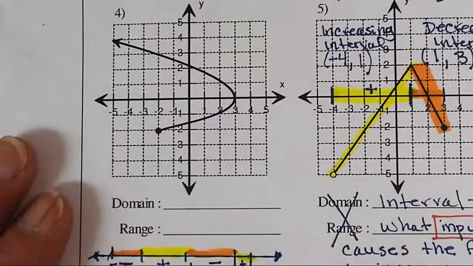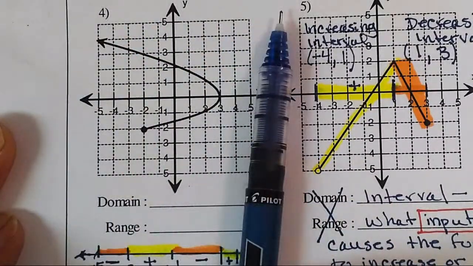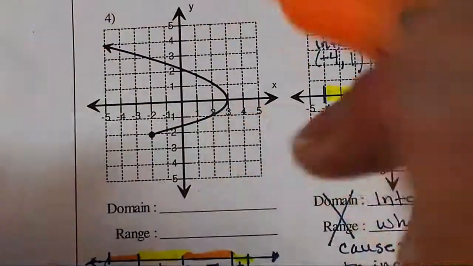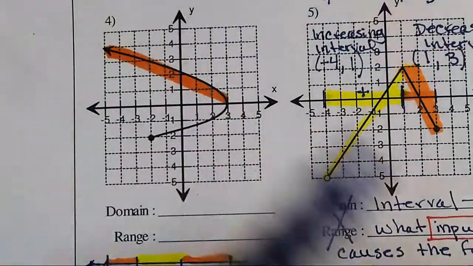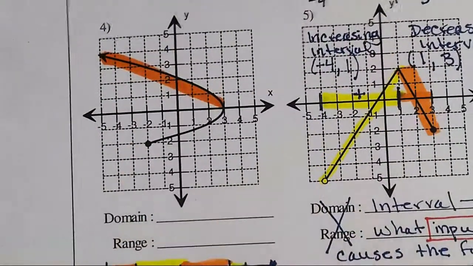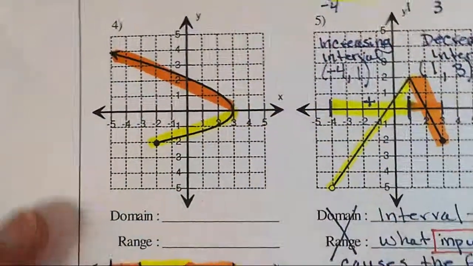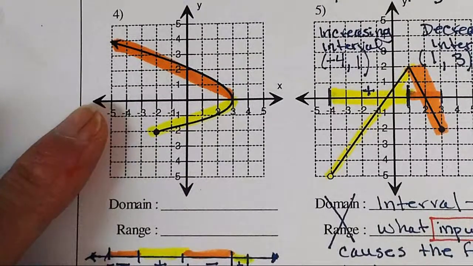If I'm looking at this one, remember I'm going left to right. So this is a negative slope here. So this is actually going down. But this one here is a positive slope. So this is actually going up. And we know that this is not a function, but we can still talk about negative and positive intervals of sections of that.